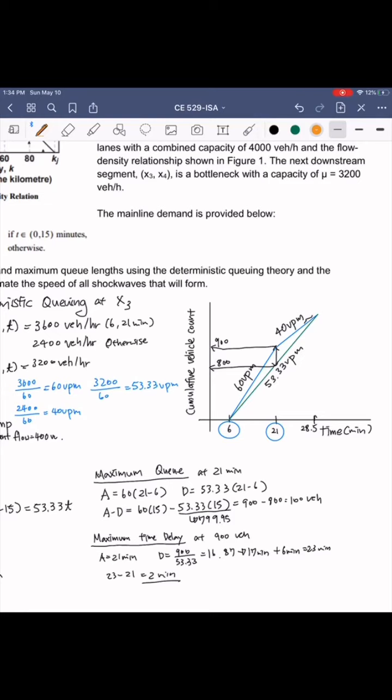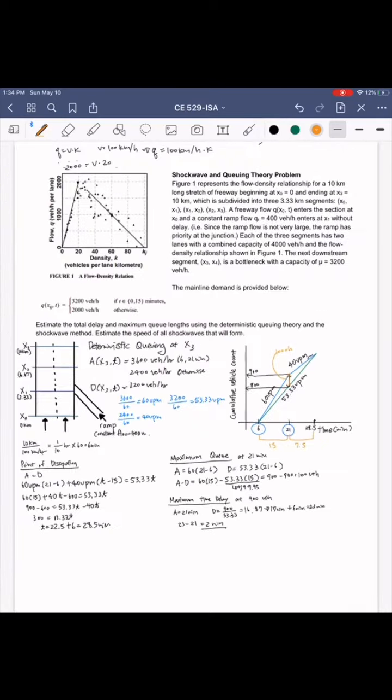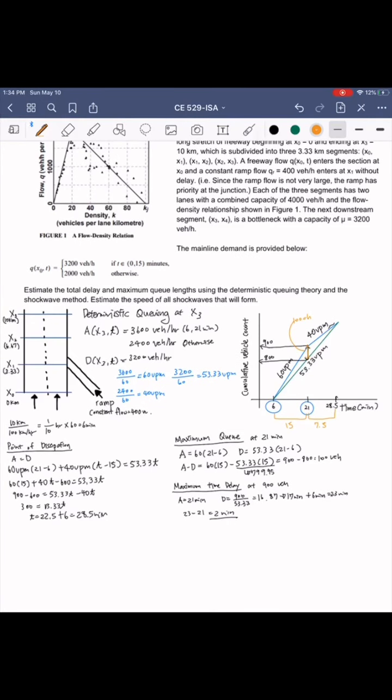So the height is right here, which is 100. And the base is 6 to 21, 15. Another base here is 7.5. So let's calculate the total time delay.